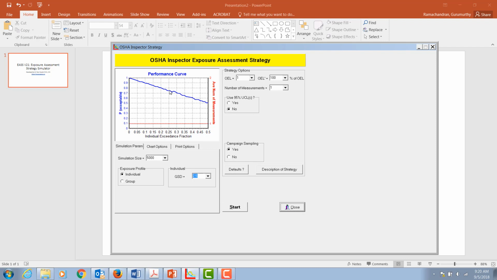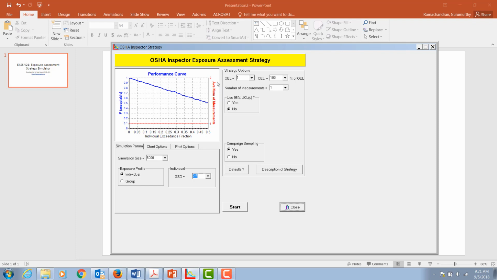If you look from the 75% mark up to the top of the curve, which is 100%, the difference is 25%. That is called the power of the strategy, meaning that the strategy has only a 25% power to detect a clearly unacceptable exposure scenario, meaning an exceedance fraction of 25%.